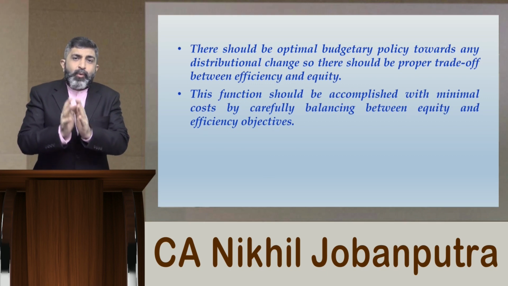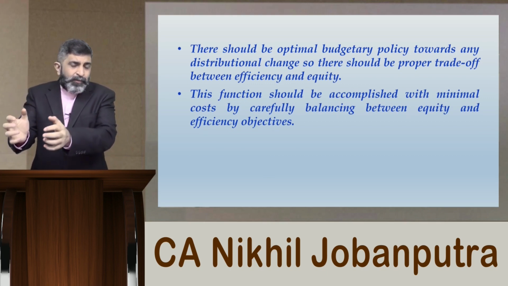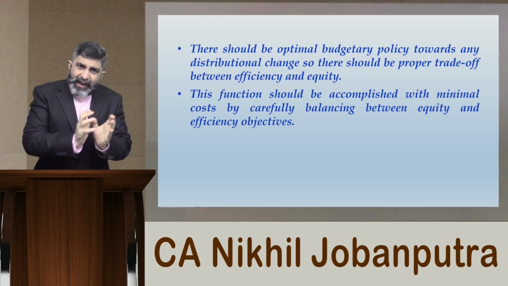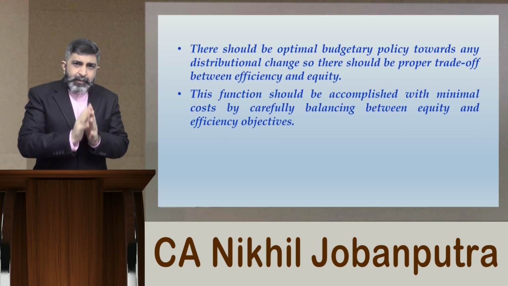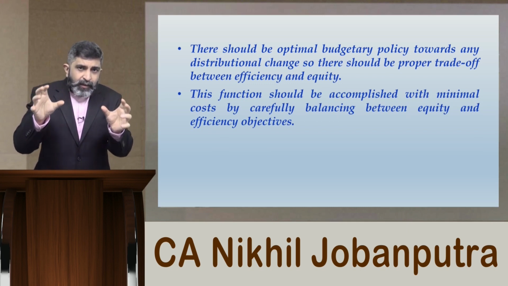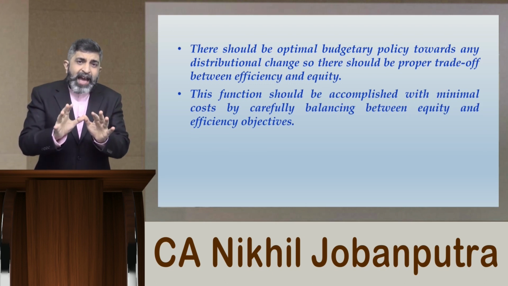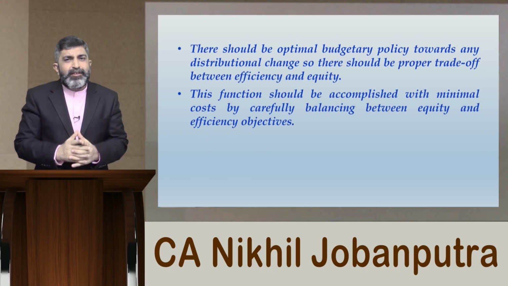That means what is happening? From a high income earning segment, the money is drawn and given as aid to the low income earning segment, and as a result both of these individuals would have fairness of income distribution, and that is the objective of this distribution function.